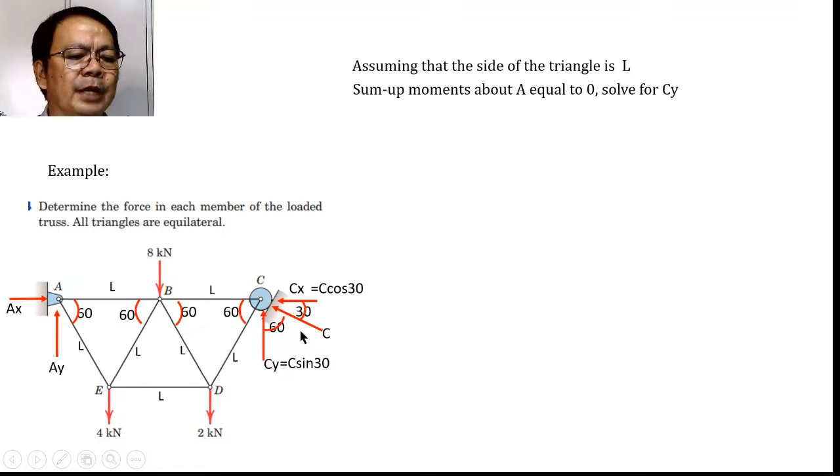And then afterwards, we can solve for C sub X because C sub X and C are also related. And then applying all other equations of equilibrium, we can solve for AX and AY.